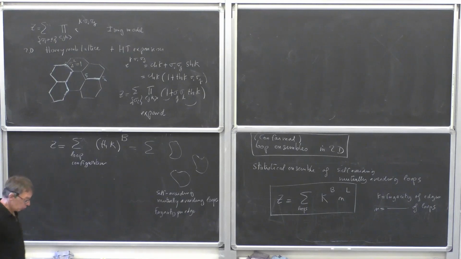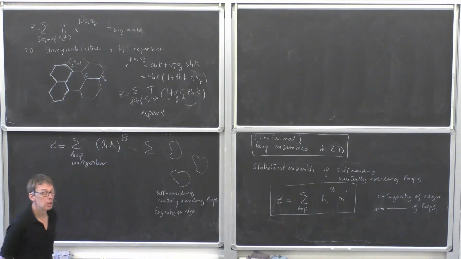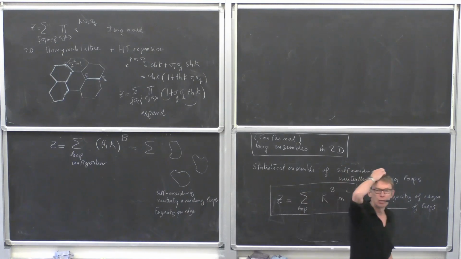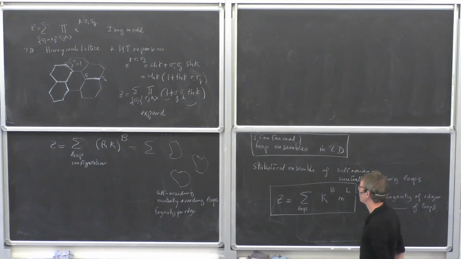There are many recent problems in, let's call it quantum information, that can be reformulated as loop ensembles of one type or another. And then, of course, there are more reasons to study them, in particular as probabilistic ensembles. And under this guise, as you know, the study of loop ensembles has given rise to 3 Fields medals so far, not all French, funnily enough, and more probably to come. So this is definitely a big topic.